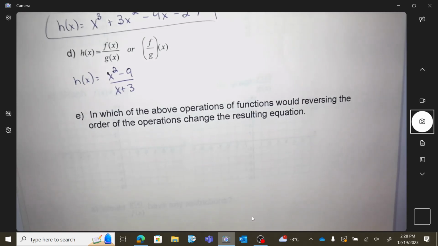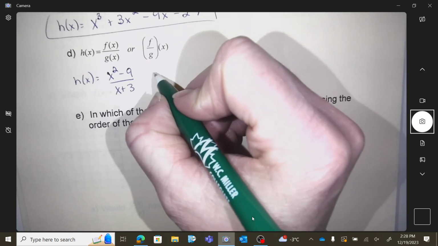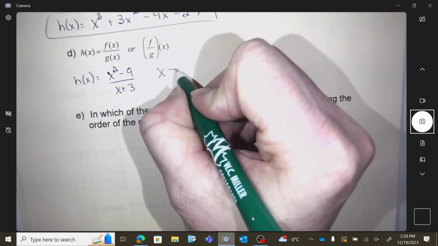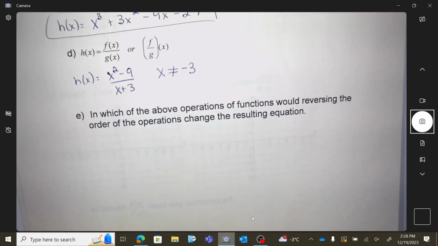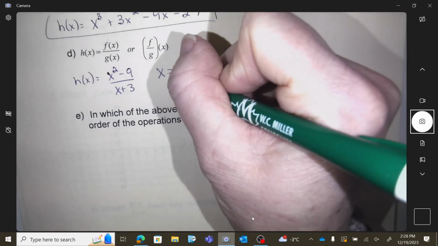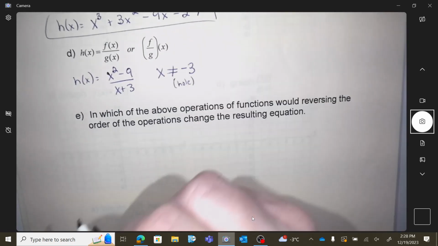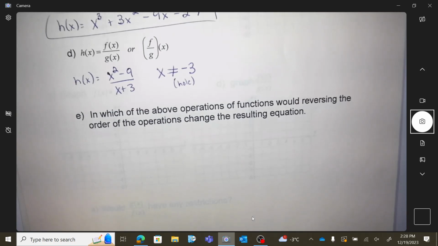Does anybody see a problem with the domain, x values? There's a hole, so let's write that x cannot equal -3. Okay, and then if we have to do more info, we can talk about that it was a hole.